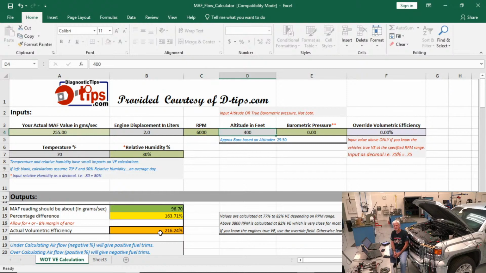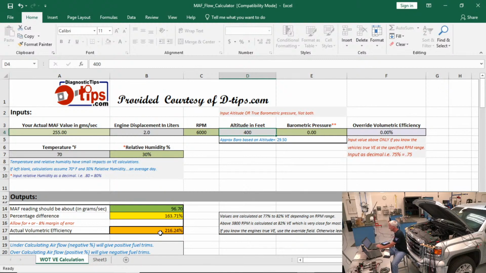I got 216.24 as the actual volumetric efficiency. That's pretty impressive. That thing is packing over twice its displacement. Think about that. This engine should move 2 liters of air every 2 revolutions of the engine. It's moving almost 4.3 liters of air for every 2 revolutions. That is what turbo boost will do for you.